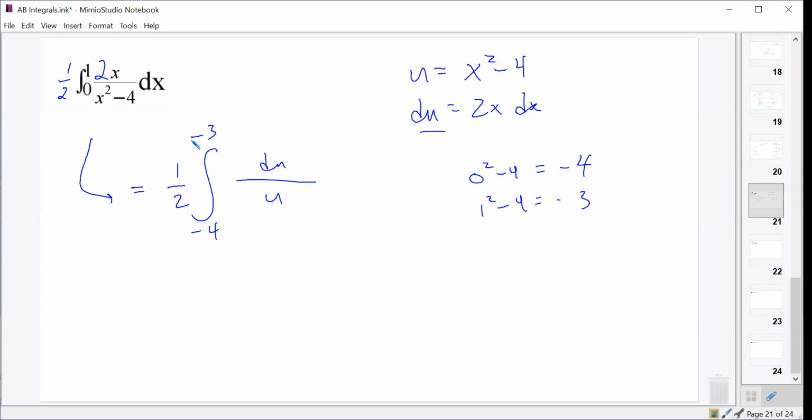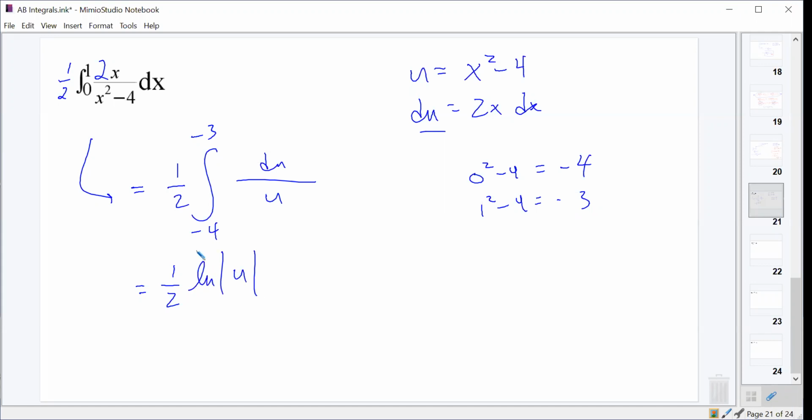And what's the integral of du over u? Because remember, you memorized all the formulas on the integral sheet in the Google Drive. Remember that? So you know that one off the top of your head really easily. Natural log of u. Natural log, absolute value.